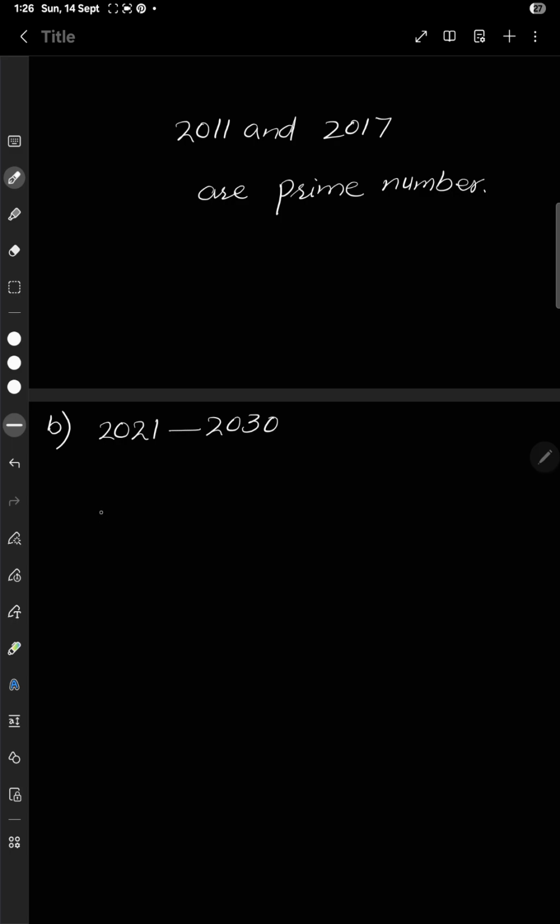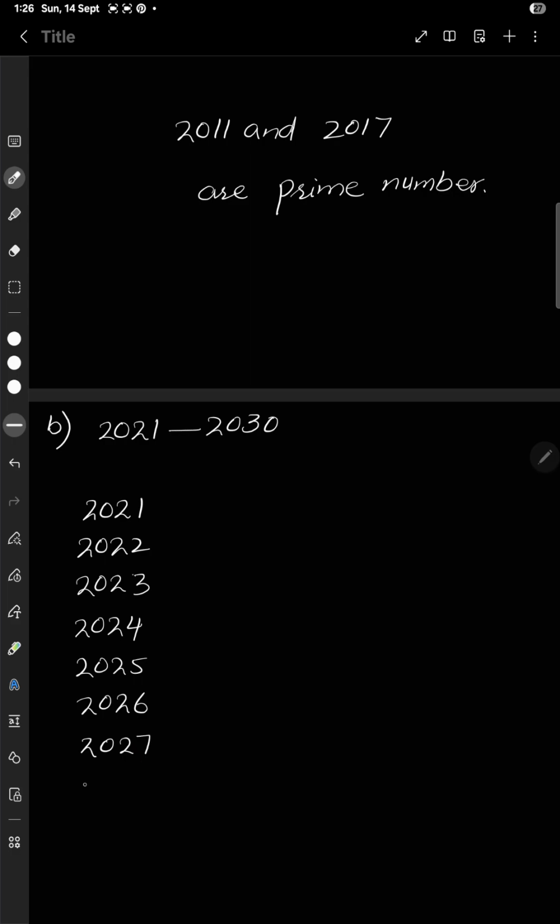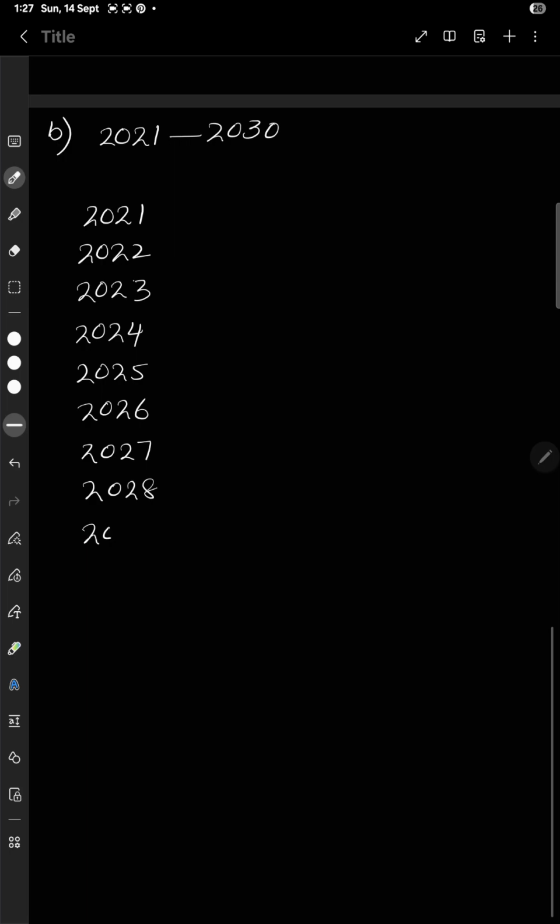First of all, I will write all the numbers: 2021, 22, 23, 24, 25, 26, 2027, 2028, 2029 and 2030. So I've written all the numbers from 2021 till 2030.